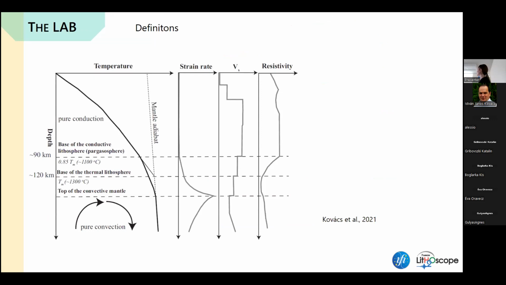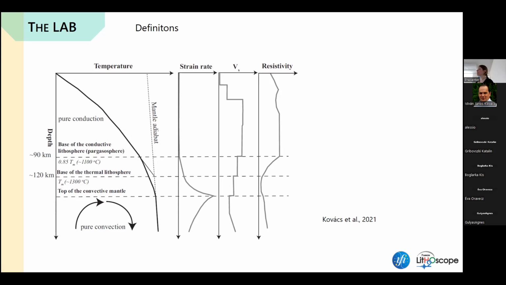Okay, so how do we define the LAB? What definitions are there? Well, the answer is that there are many definitions depending on what point of view we are looking at it or what parameters we are looking at.